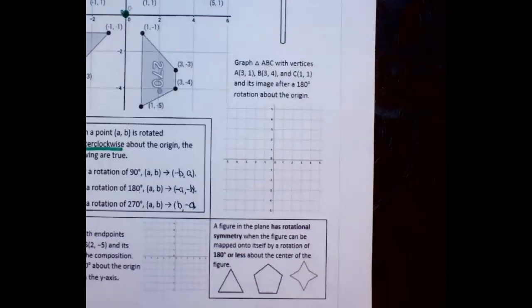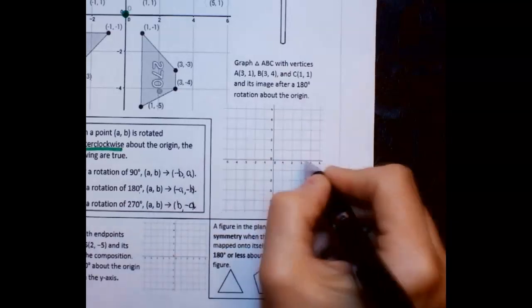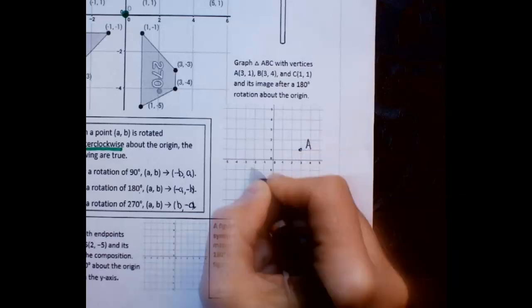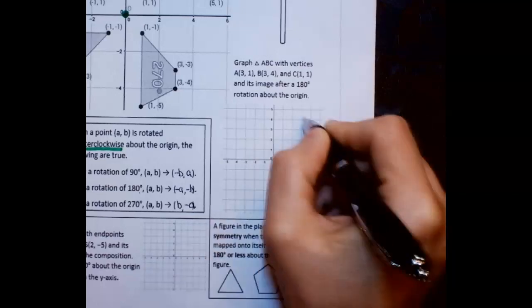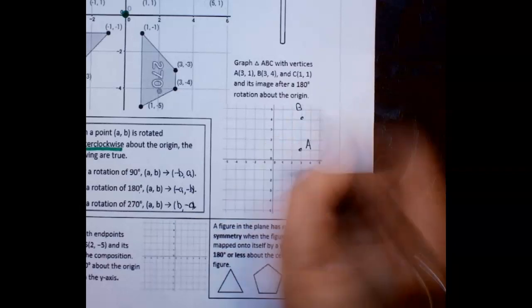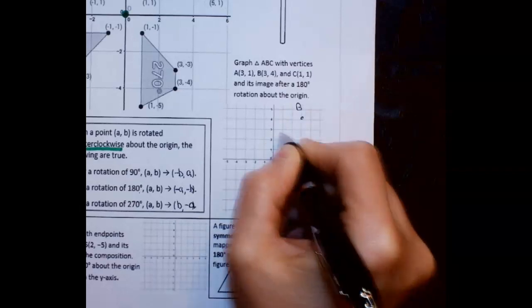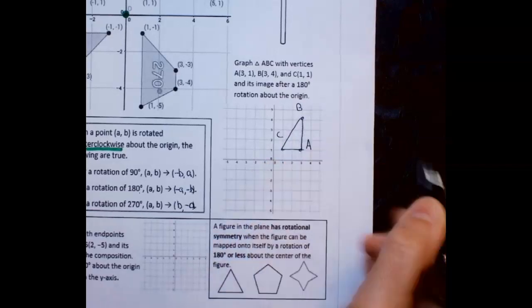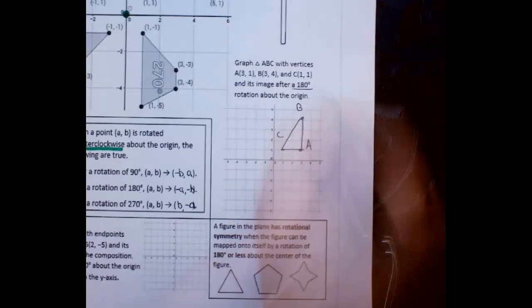So let's go look at an example. They want us to plot the following points. So let's go ahead. We've got the point 3, 1, which is point A. We've got the point 3, 4, which is B, and the point 1, 1, which is C. And they want us to do a 180 degree rotation.